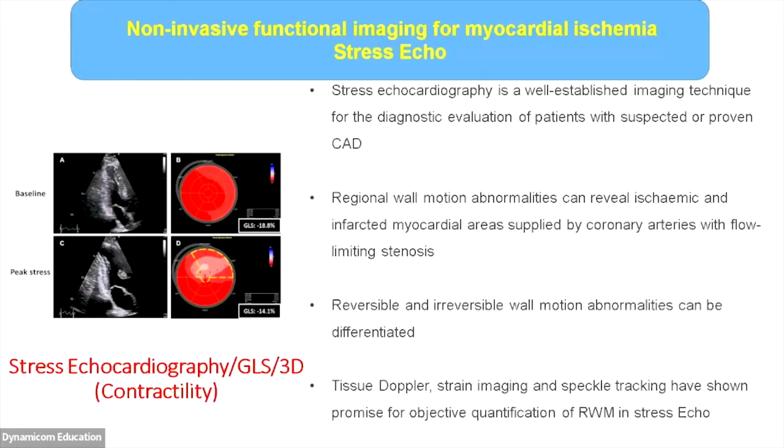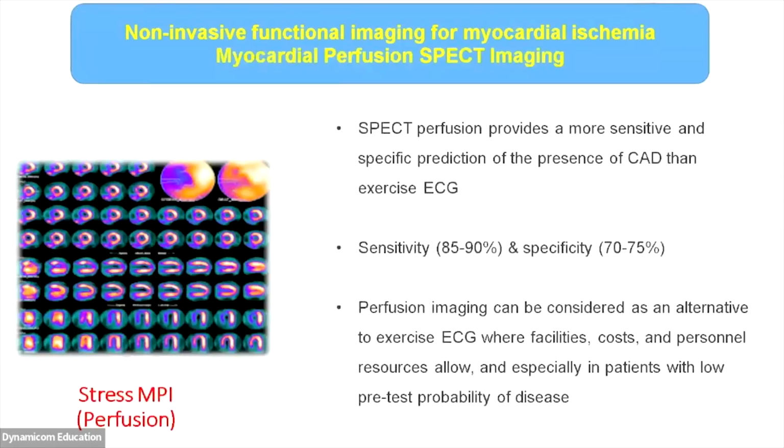And recently, tissue Doppler, strain imaging, and speckle tracking have also shown promise for objective quantification of regional motion abnormalities by stress echo. On the other hand, the nuclear studies, myocardial perfusion imaging, SPECT perfusion, provide a more sensitive and specific prediction of the presence of coronary artery disease, and also can differentiate between reversible and irreversible coronary artery disease.